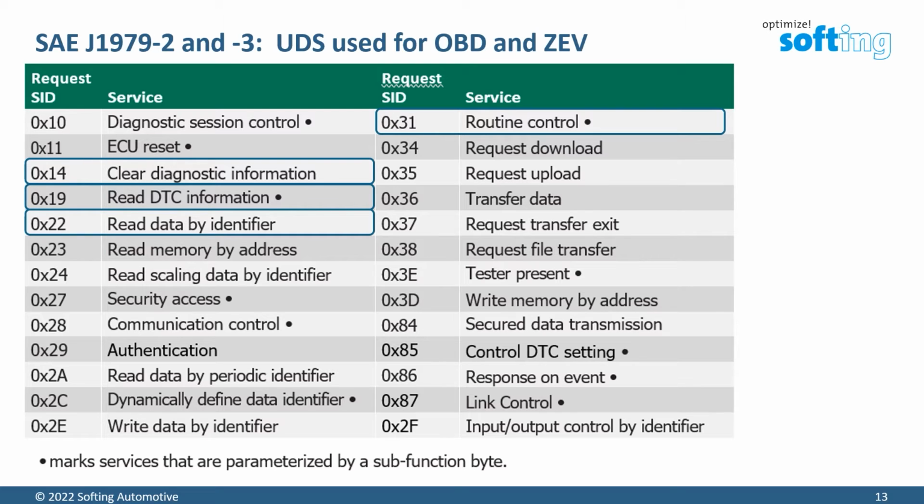There is the 14, clear diagnostic information, the 19, read DTC information, the 22, read data by identifier, and the 31, routine control. Two of them are parameterized by subfunction byte, the other one parameterized by data identifier.